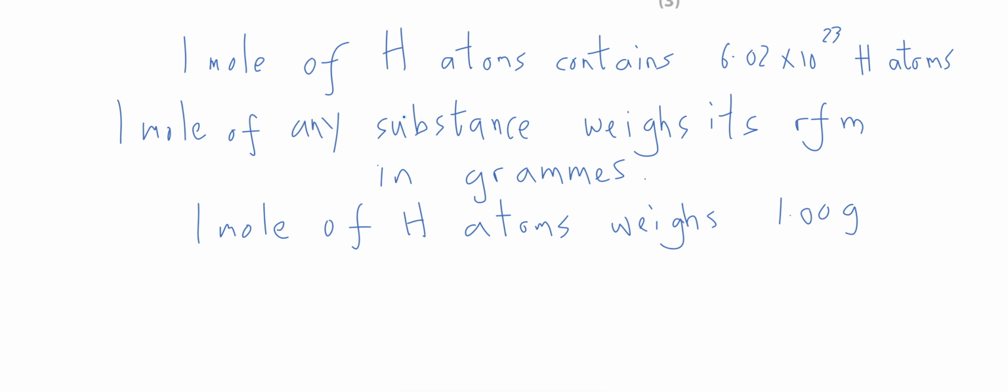So if 1 mole of hydrogen atoms contains 6.02 times 10 to the 23 atoms, and 1 mole of hydrogen atoms weighs 1 gram, then the mass of one hydrogen atom equals 1 gram divided by the total number of all of those atoms that are in 1 mole.